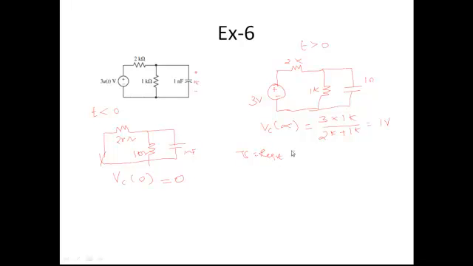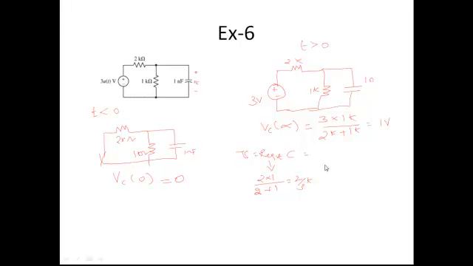R equivalent is the total effective resistance seen by the capacitance. So for this case, you make the source 0. If the source is 0, the voltage source will become short circuited. So now 2 kilo ohm and 1 kilo ohm are parallel to each other. So under that particular case, R equivalent will be equal to 2 kilo ohm into 1 kilo ohm divided by 2 plus 1 kilo ohm, which equals 2 by 3 kilo ohm.